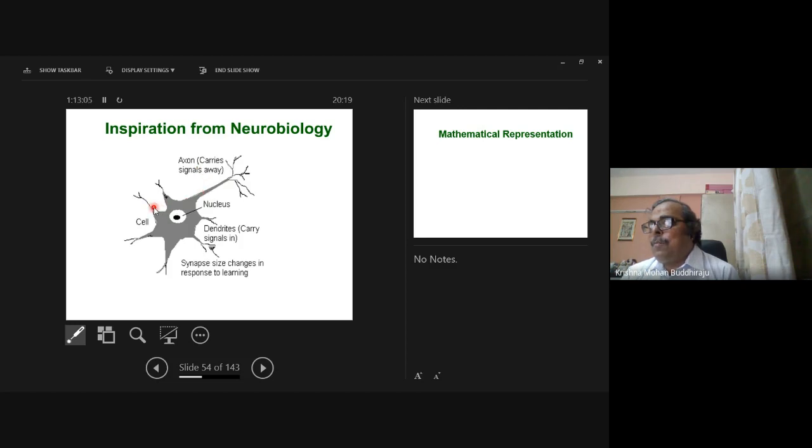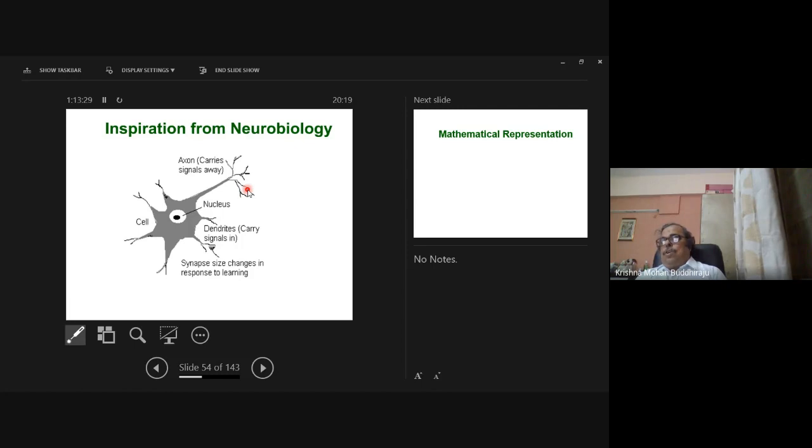The inputs are coming through dendrites. The weights, the scale factors, are called synapses. The center is called the nucleus. And the output goes through what's called an axon, and it becomes input to many other neurons.